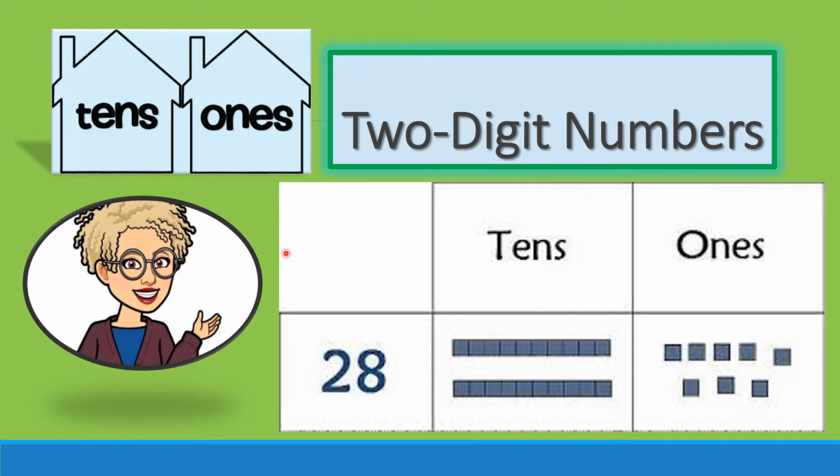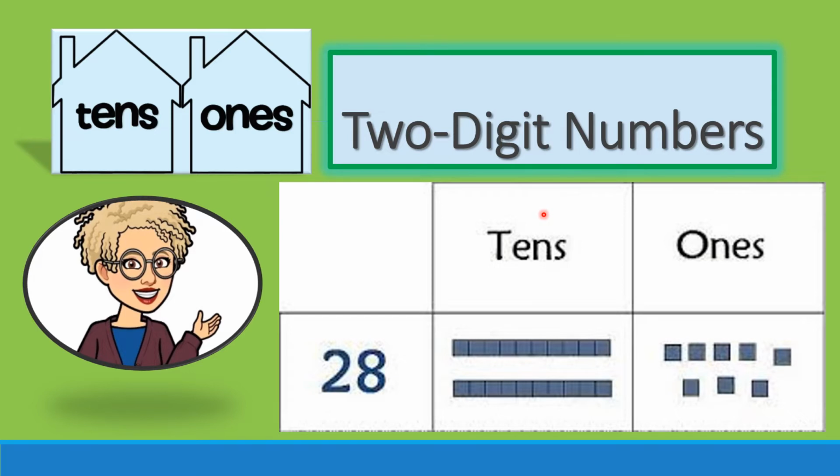Adding two-digit numbers is a little different. A two-digit number has a representation of two place values, the ones and the tens. When adding two-digit numbers, we have to consider that ones and tens exist.